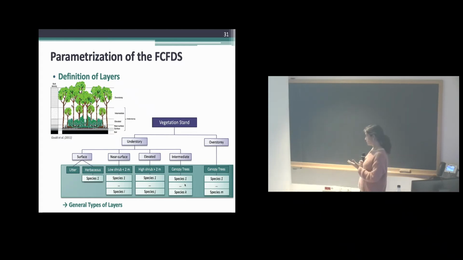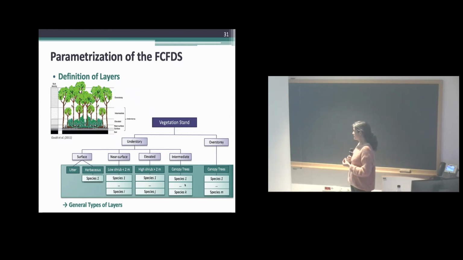However, it's important to note that lower shrubs, less than 2 meters, are not a layer itself, because this stratum can be formed of several species, and each species has different structural and chemical characteristics.